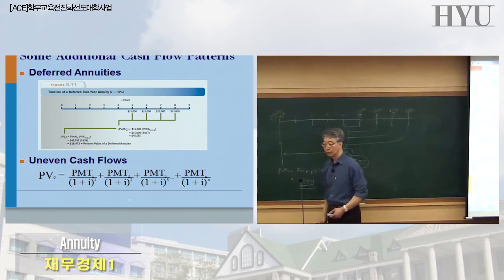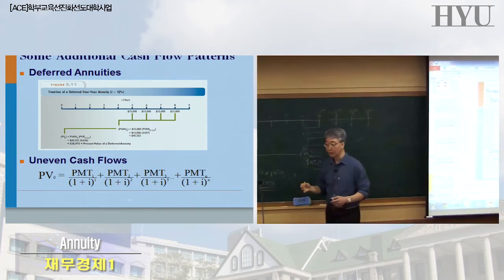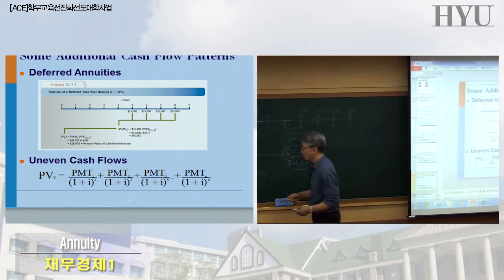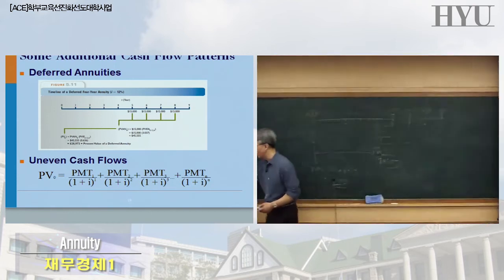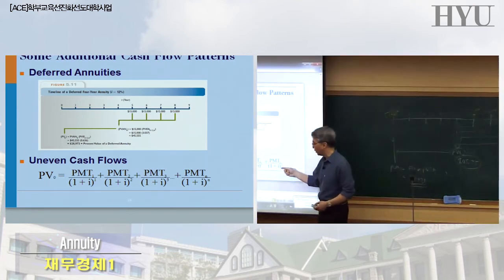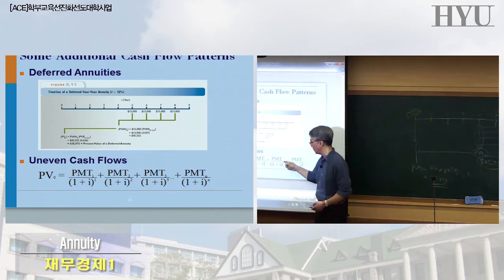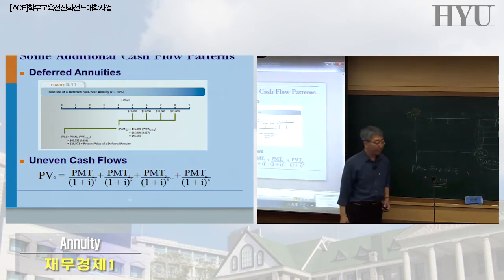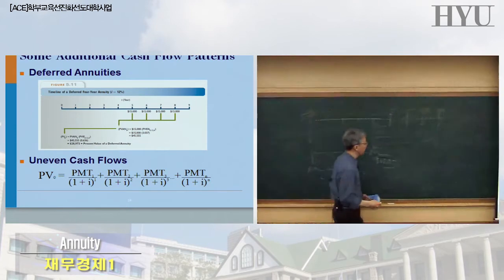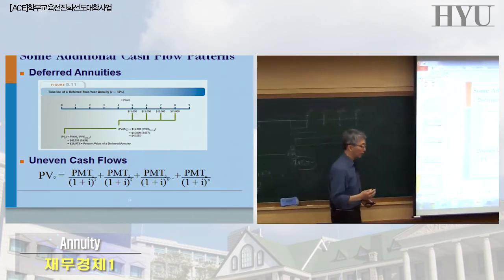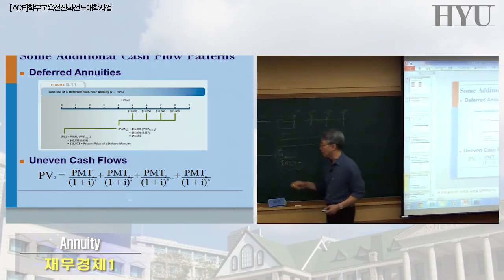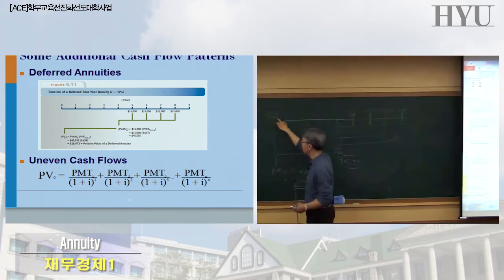I'm giving you a completely different example here, completely different from this one. The story here is you expect a payment at the end of first year, second year, third year, fourth year, but suppose your first payment will be at the end of fifth year. Then you can discount it for 5 years like this.